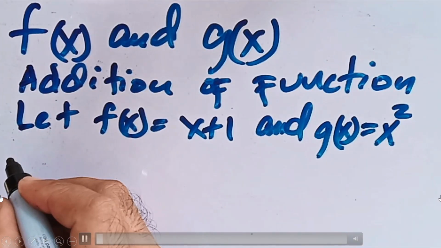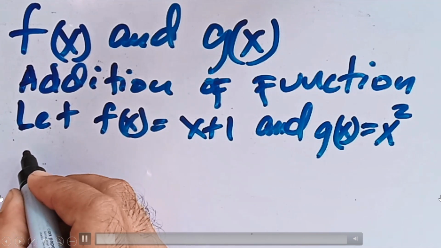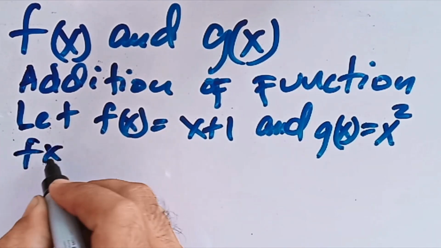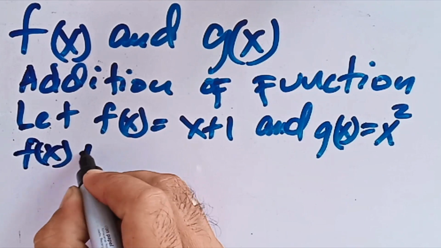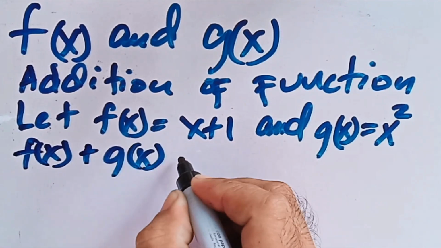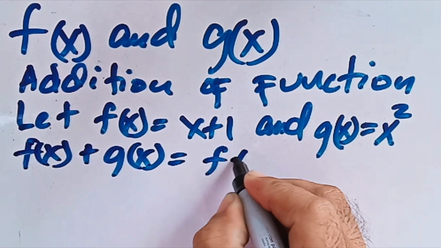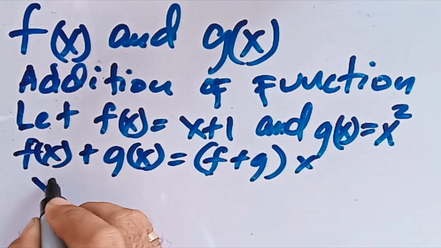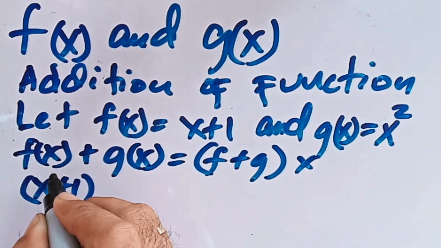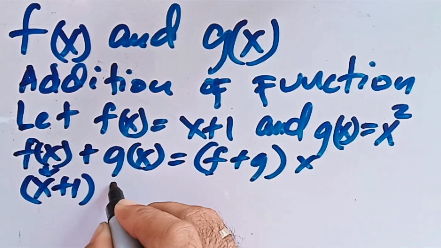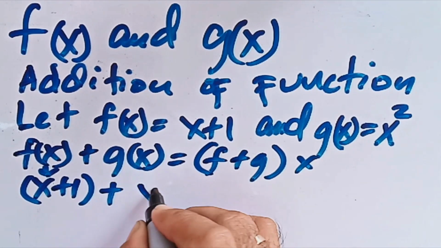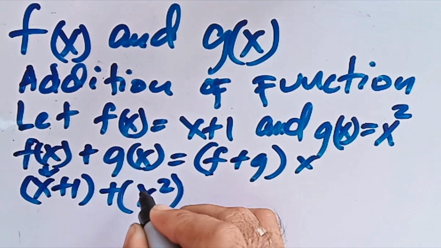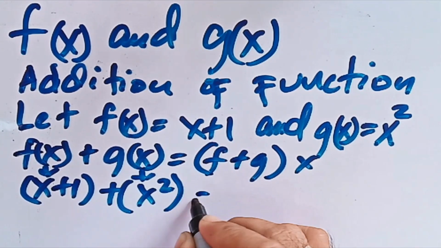Given f of x equals x plus 1 and g of x equals x squared, f of x is equal to x plus 1, right? Plus, instead of writing g of x, write x squared because g of x is equal to x squared.